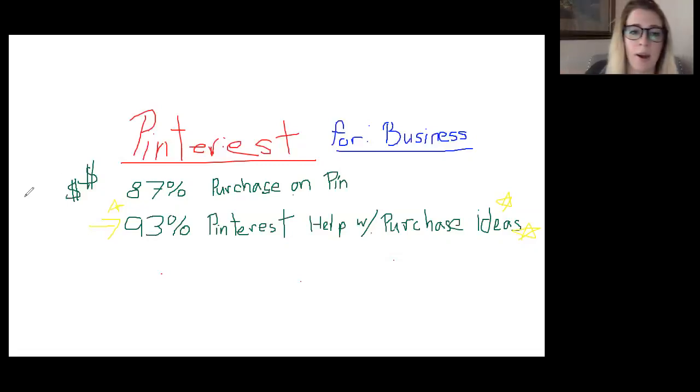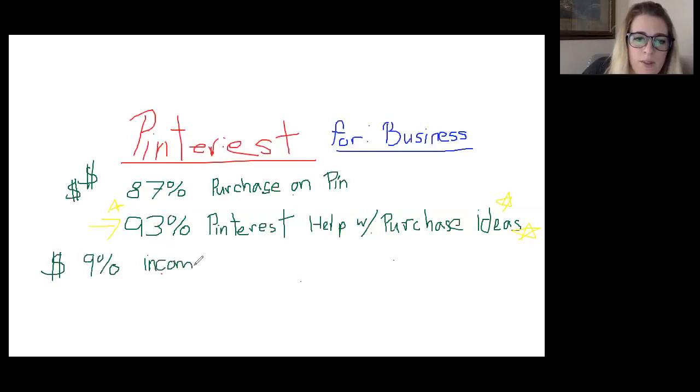Another interesting thing about Pinterest, looking at the financial side of things as well as your audience, is that on average, the average Pinterest user has a 9% higher income level than a Facebook user.